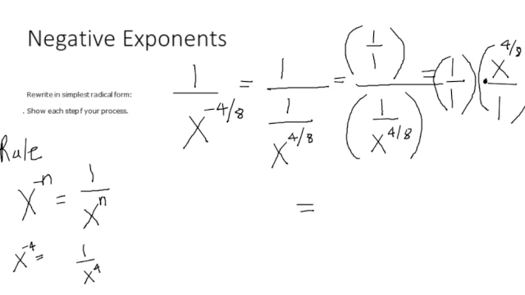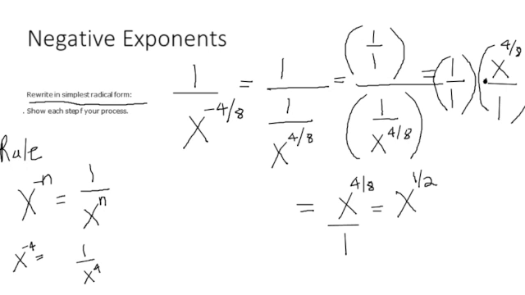So that means that I'm going to have x to the 4/8 times 1, which is x to the 4/8 over 1. Now, pay careful attention to the directions. Rewrite in simplest radical form. Okay, simplest means we must reduce our fraction. 4/8 reduces to 1/2.